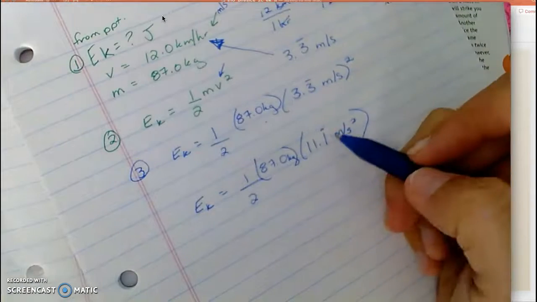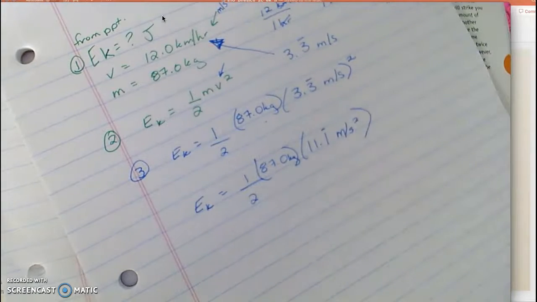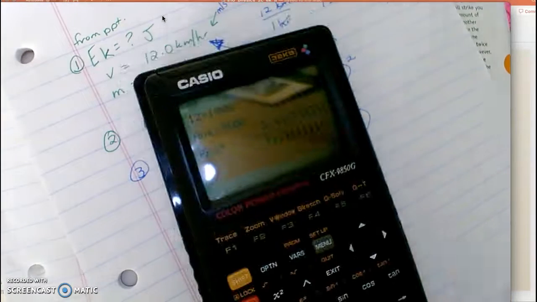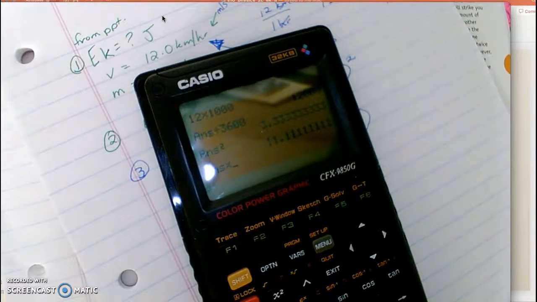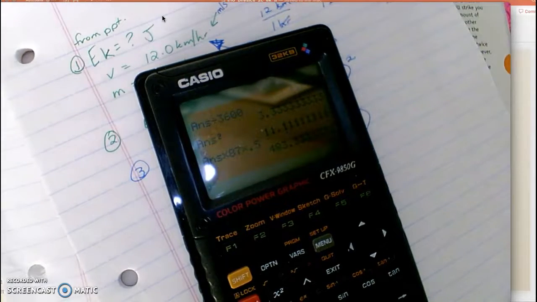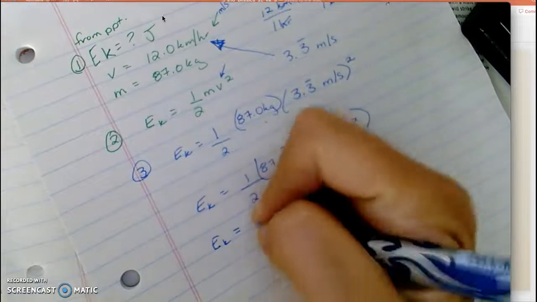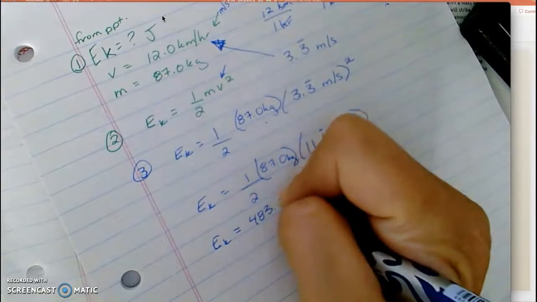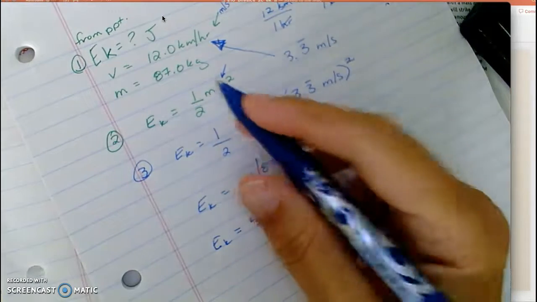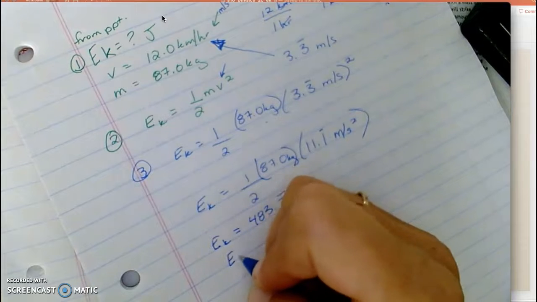Now I'm going to put that times that divided by 2, or times 0.5, works out the same. It's 483.333, to 3 significant digits.